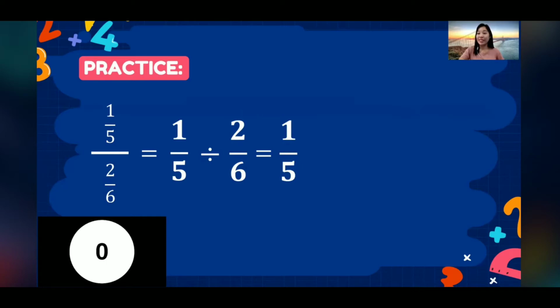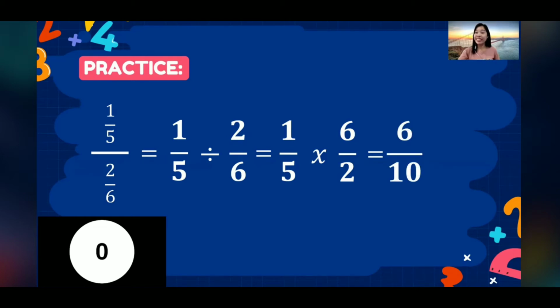Change what? The division symbol to a multiplication symbol and then flip 2/6, and this one will be 6 halves. Multiply 1 times 6, 6. 5 times 2, 10. So we'll have 6/10.